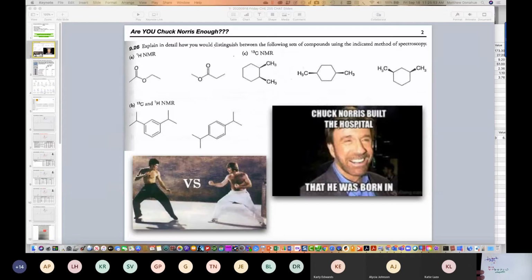So let's go on to its constitutional isomer. How many unique carbons does this one have?